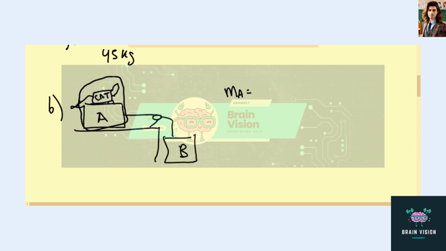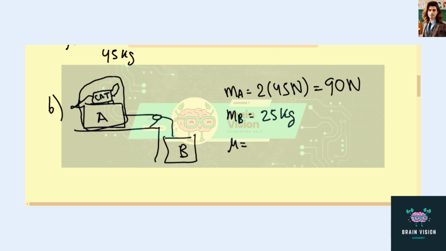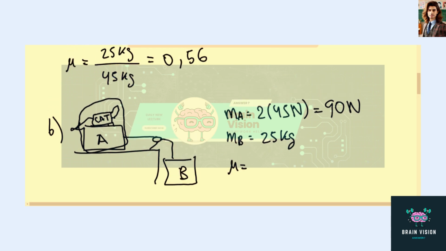We know that they have the same weight, so it will be 2 times 45 newtons, which is 90 newtons. And for the mass B, we have the same as before. We found that the coefficient of friction is 0.56.